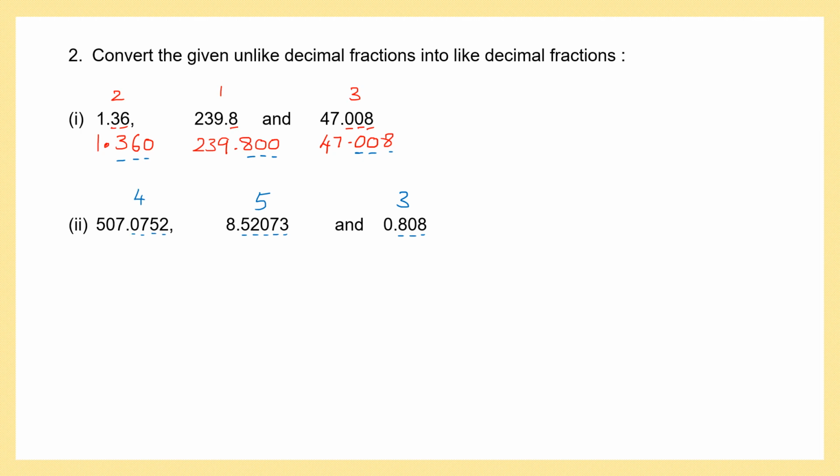They're all unlike decimals. To make them all like decimals, we have to see that all numbers have the maximum number of decimal places, that is 5. So let's do that. So the second number has 5 decimal places. So we're going to see that all the numbers have 5 decimal places. So let's start.